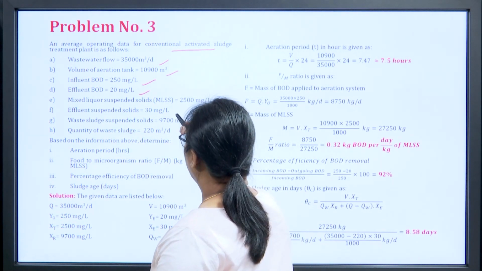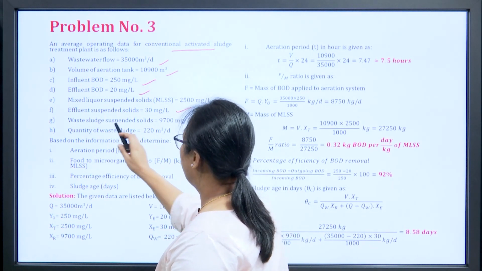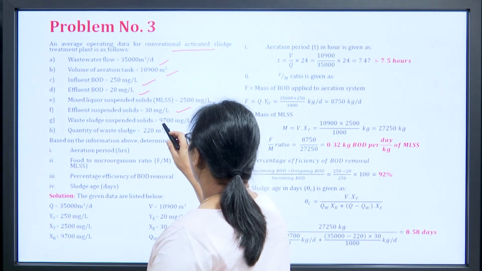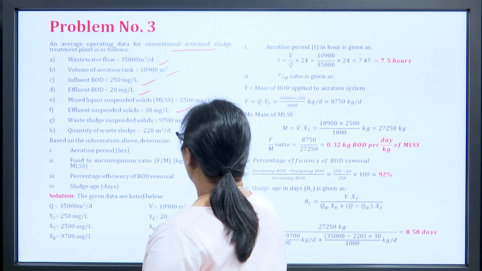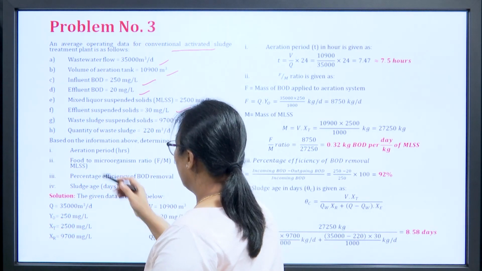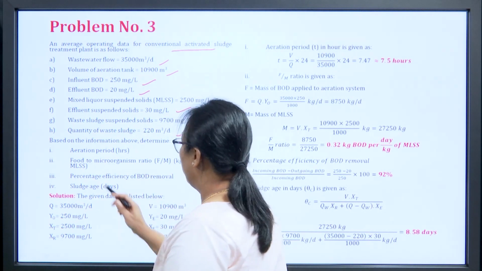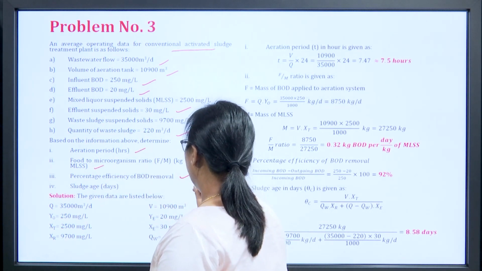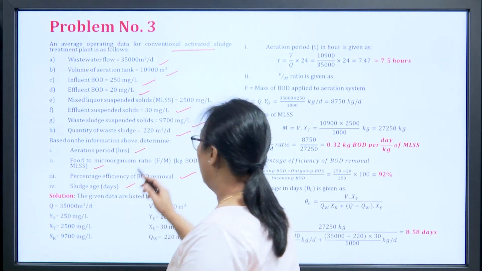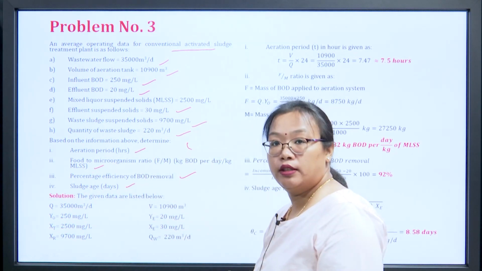Effluent suspended solid is 30 milligram per liter, waste sludge suspended solid is 9700 milligram per liter, quantity of waste sludge is 220 meter cube per day. Based on the information, what we have to find out: aeration period, food to microorganisms ratio, percentage efficiency of BOD removal and sludge age. This all I have already given in the slides.